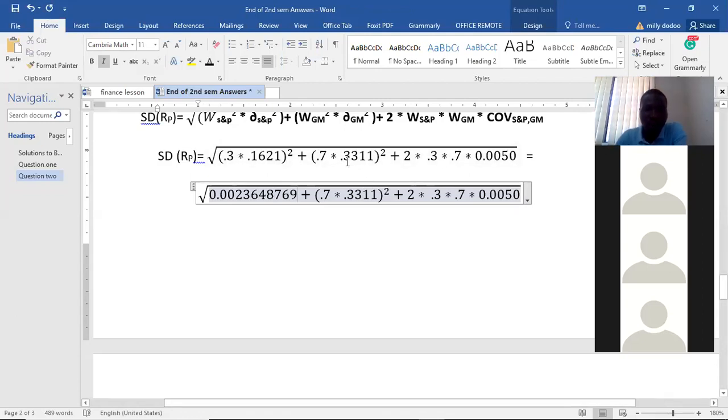0.7 multiplied by 0.3311. Sharp, sharp. Zero point 0.053.